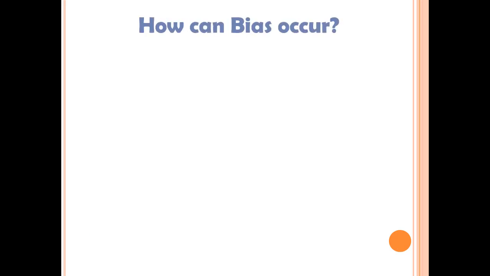So how can bias occur? I want to look at an example as we're doing this, and it's not on the slides, it's just going to be a verbal example. So let's say I give you a project, and I say, I want you to form a survey and go give this survey to 50 people. And you're just going to ask them one question, and the question is completely up to you.